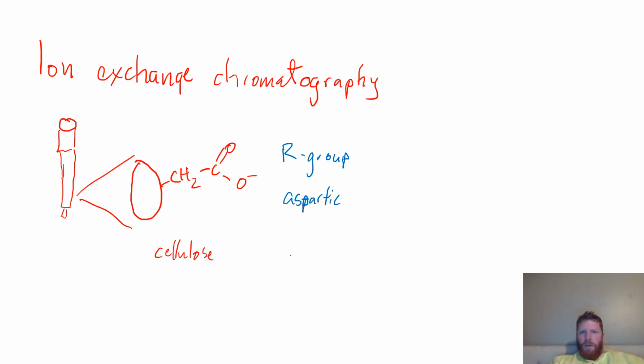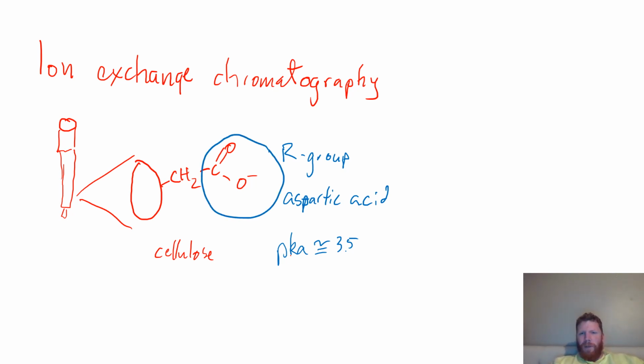I know that I never asked you to know the pKa's of the different R groups. However, this being an acidic group, you should know that it's a fairly acidic one, with a pKa of about 3.5 or so. So at a physiological pH, you are going to indeed have a group that has a negative charge.